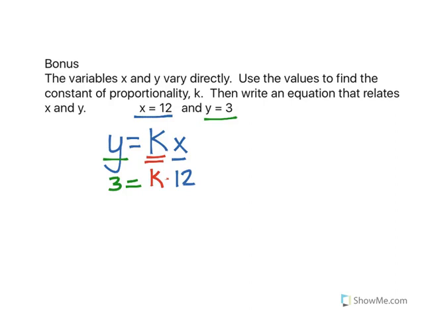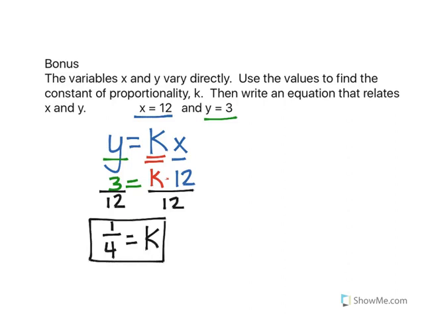So how do we do that? We're going to have to undo the operation of multiplication through division. Divide this by 12, and divide this by 12. And we simplify, which ends up giving us 1/4. So 1/4 equals k. Right now we've found out what the constant of proportionality k is.